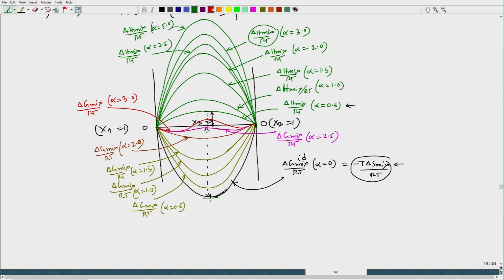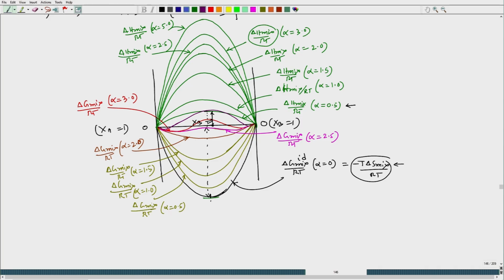But we will still see that the plot of that would be like this. Still there would be a convex downward portion, though that zone will shrink.